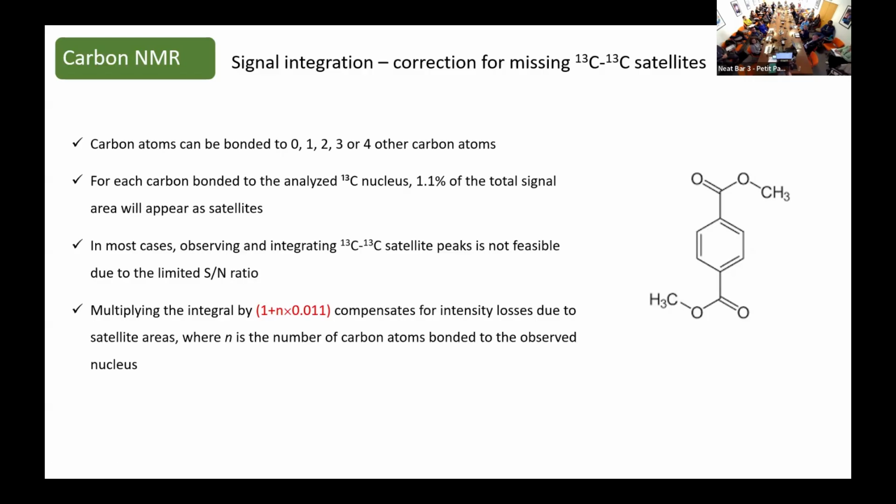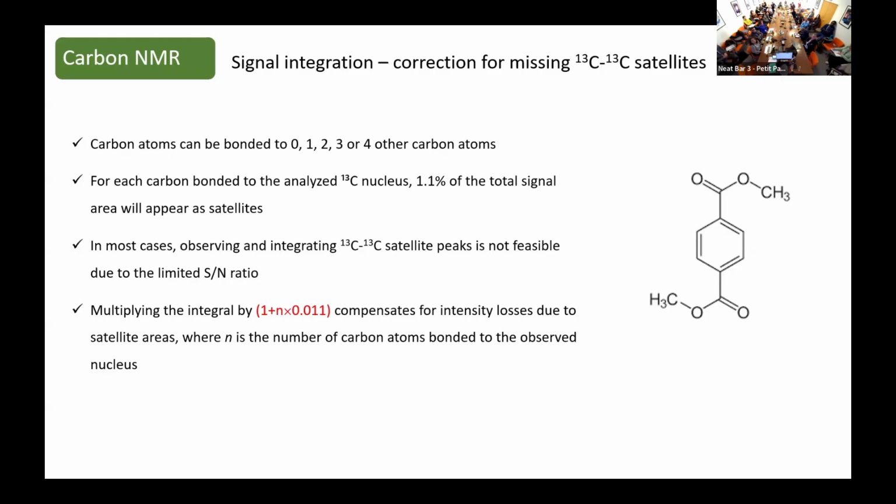So for each carbon bonded to the one that we are analyzing, we will miss 1.1% of area that will appear as carbon satellites. This results from the carbon-carbon coupling. In most cases, we cannot have enough sensitivity to integrate and include the satellites in the integration.